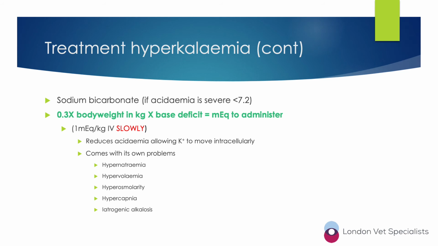The easy way to calculate the dose is it basically comes out at 1 milliequivalent per kilo, but this should only be given if the acidemia is severe, so less than 7.2, because bicarbonate therapy does come with its own problems, particularly increased sodium, hypervolemia, hyperosmolarity, and if the patient is not intubated and you can't IPPV, then you may cause a hypercapnia with a respiratory acidosis. Additionally, if you overdose, you may move from an acidosis to an alkalosis.